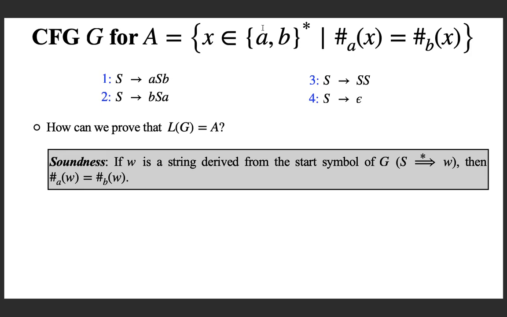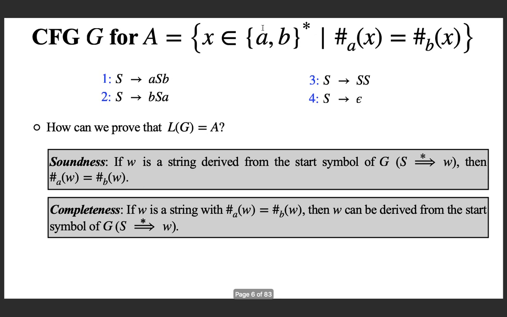Now, the other part is called completeness, which tells that any string in this language can be generated by this grammar. The language represented is complete in that sense. That is, if a string w has equal number of A's and B's, then w can be derived from the start symbol of the grammar using 0 or more steps.